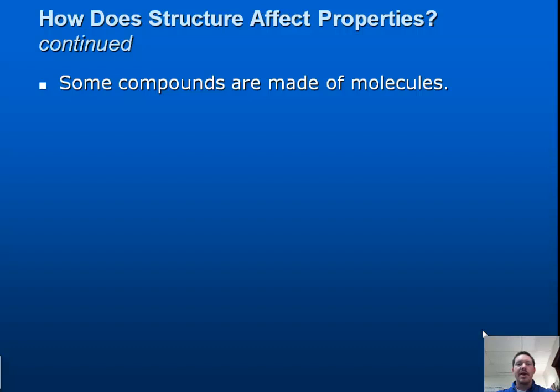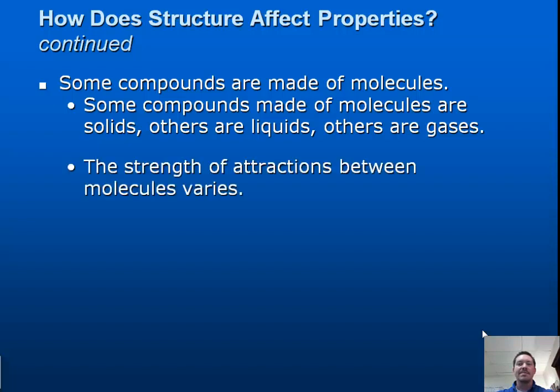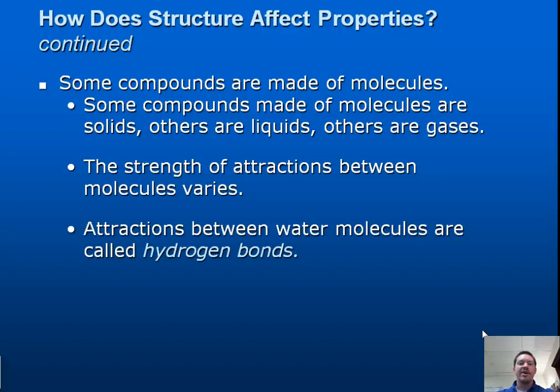All right, some compounds are made of molecules. They can be solid, they can be liquid or gas. The strength of attraction between molecules will vary. We've got an attraction between water molecules that we refer to as hydrogen bonds.